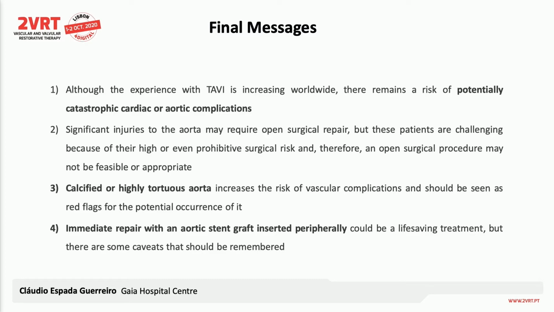Immediate repair with an aortic stent graft inserted peripherally could be a life-saving treatment. We hoped that it would be the solution for this case, but there are some caveats that should be remembered. In this case, we didn't have time to think about the revascularization of the supraortic vessels. That probably could be the final problem of this case and resulted in this unfortunate conclusion.